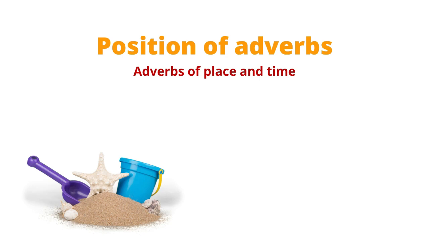Now let's look at adverbs of place and time. He lived in Paris for 3 years. So you see we've got two adverb phrases here. One is in Paris. The other adverb phrase is for 3 years.